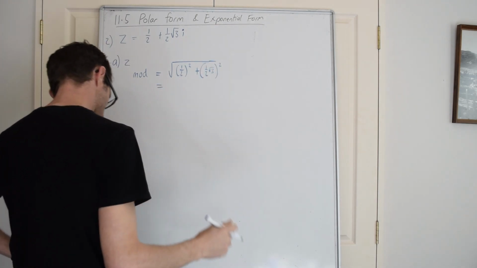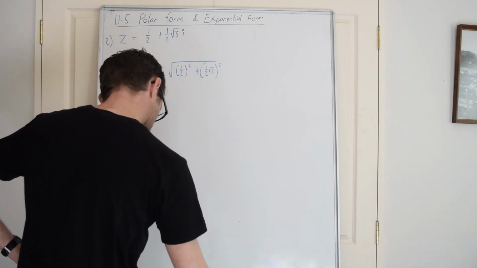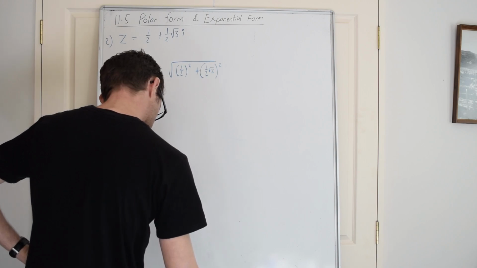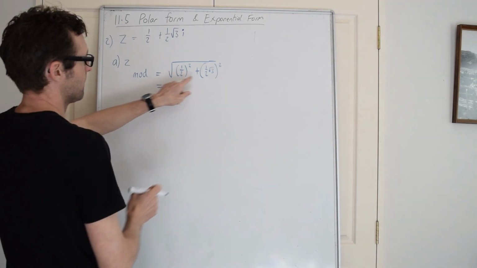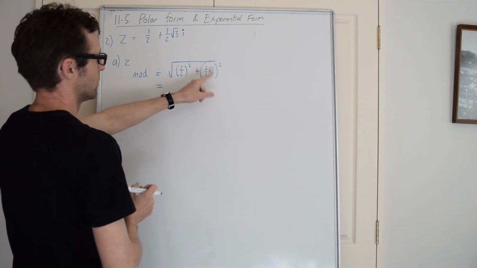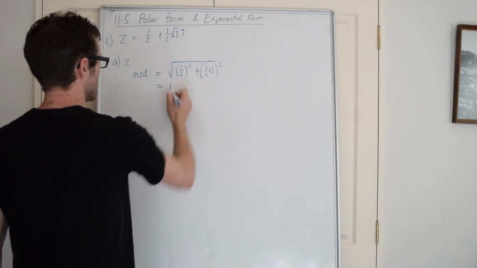When I did it, I got 1. This is a quarter, and 3 times a quarter is 3/4, so it adds up to square root 1. So the modulus is 1.